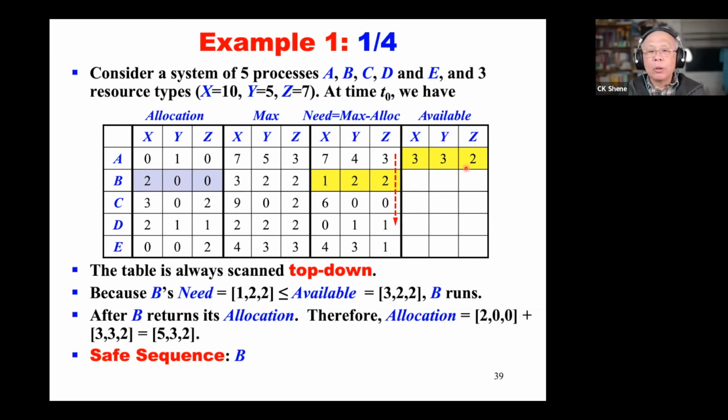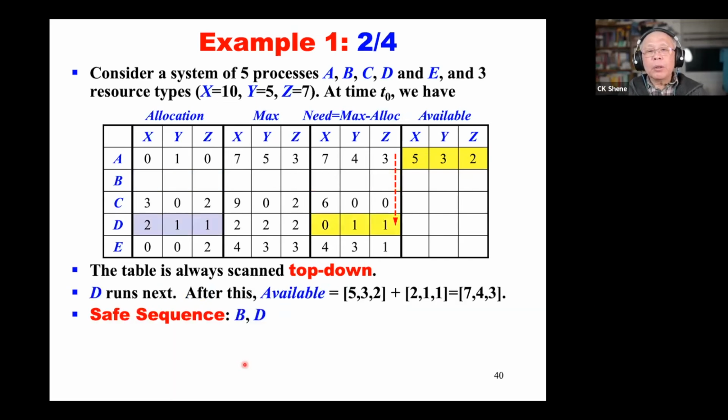Therefore, we could run B. After B is done, B would return 2, 0, 0. So the sum of 2, 0, 0 and 3, 3, 2 will be the new available, which is 5, 3, 2. So we have found our first process in a possible safe sequence.